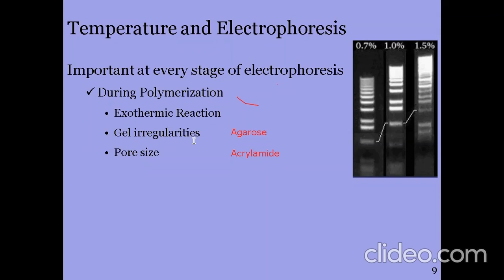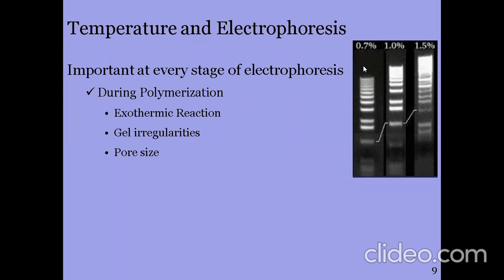So if you can see here in the diagram on the right side, this is a 0.7% gel. That means 0.7% of the polymerizing constituent, like 0.7% agarose. 0.7% agarose means the pore size is more, so the DNA or RNA can move faster.